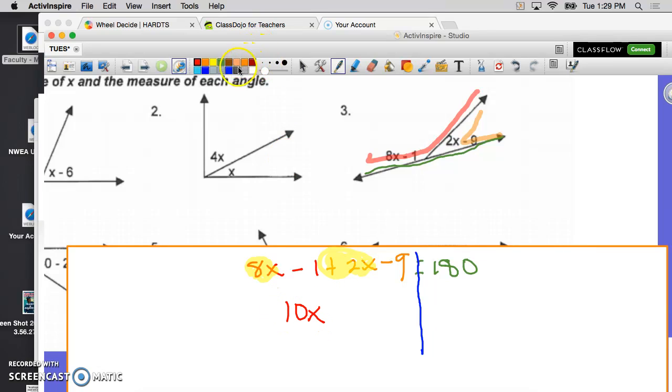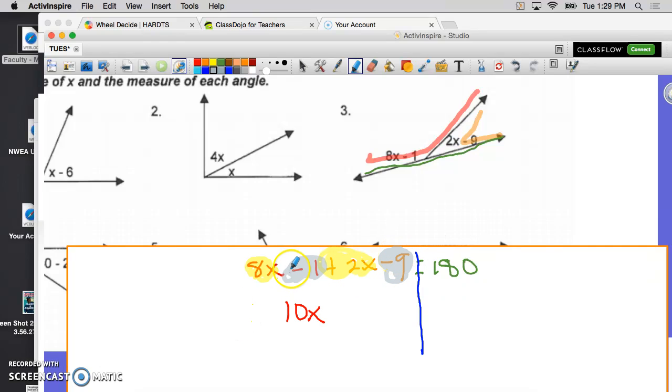But also remember, my friends, that these are like terms. I like to call them naked numbers. That's what I called them last year because they don't have variables with them. So I have a -1 and a -9. Remember, you have to carry the sign in front of every number. Combine means add, right?